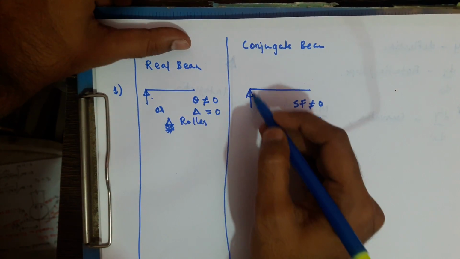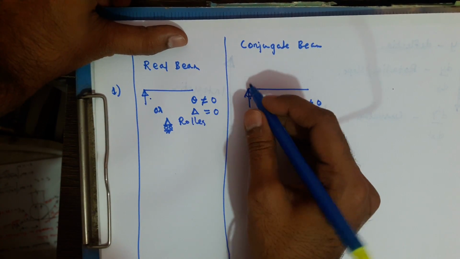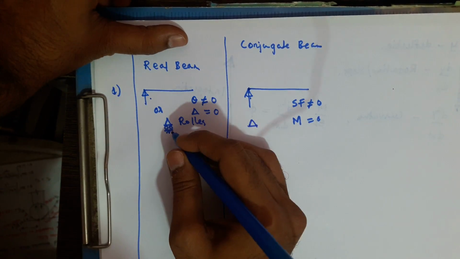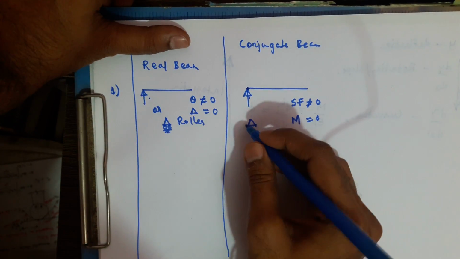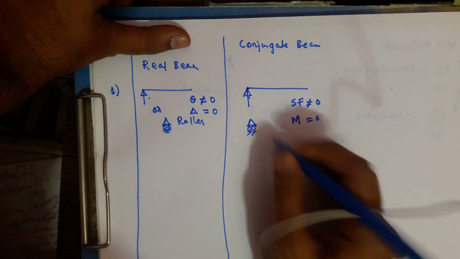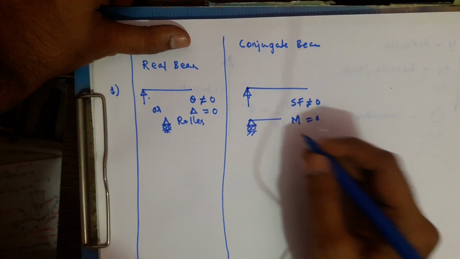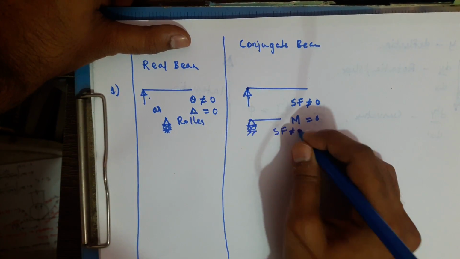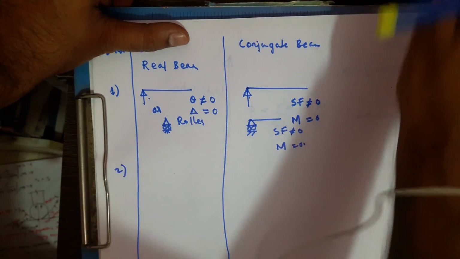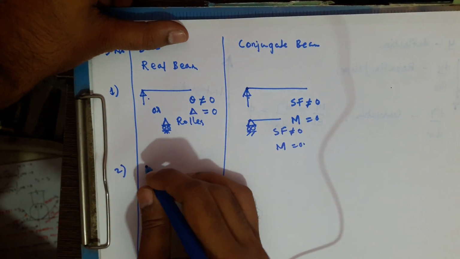Here shear force is not equal to 0, whereas bending moment is equal to 0. Even if they give you a roller support in the real beam, it will be a roller support in the conjugate beam. At a roller support also, shear force is not equal to 0, but bending moment is equal to 0.